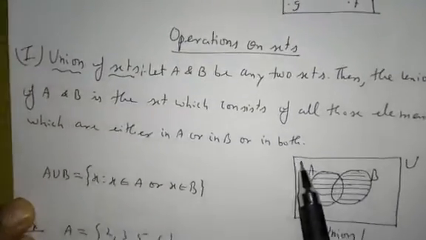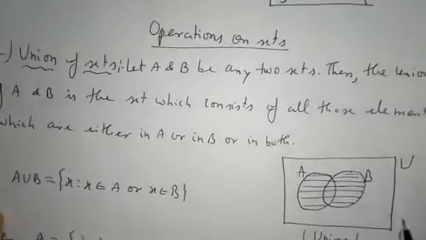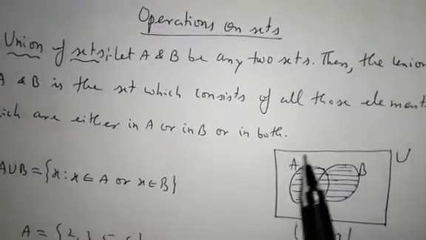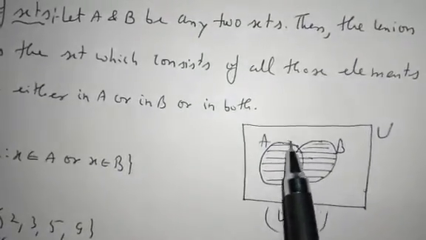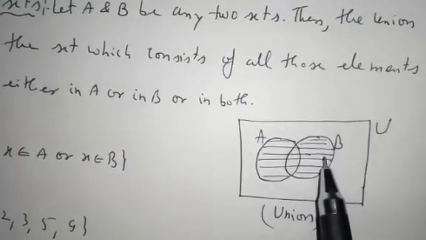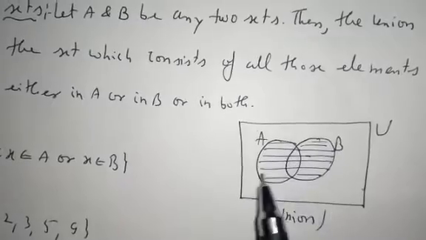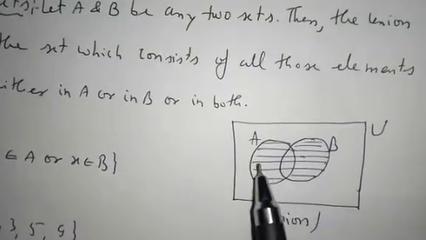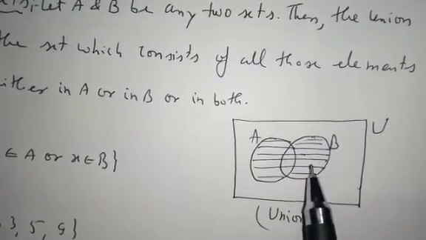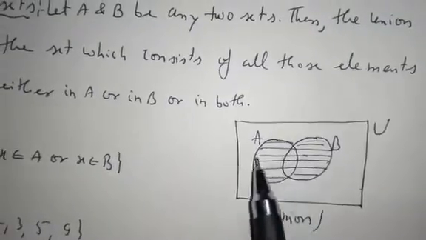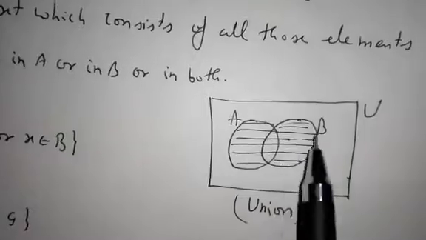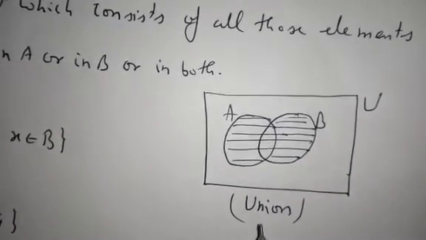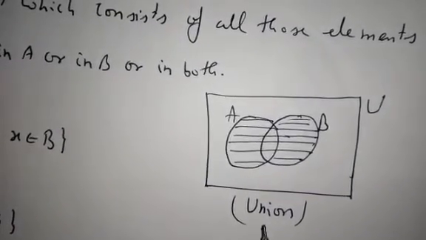This is the Venn diagram for the union of two sets. This is set A, this is set B. We take all the elements of A and B, whether they lie in A, in B, or in both. The shaded part of this Venn diagram shows the union of A and B.